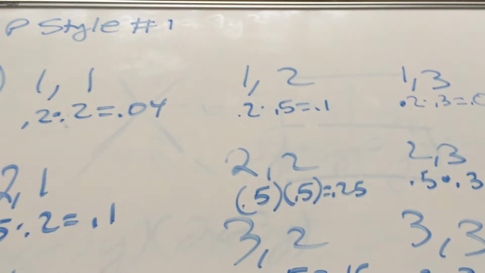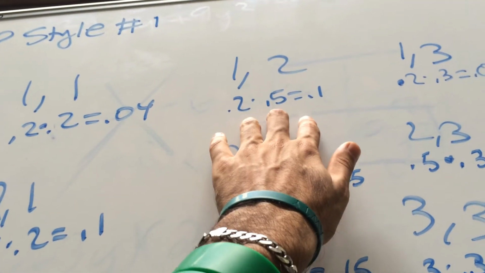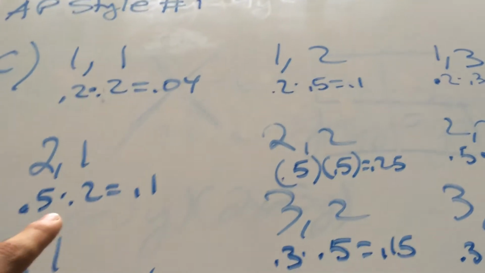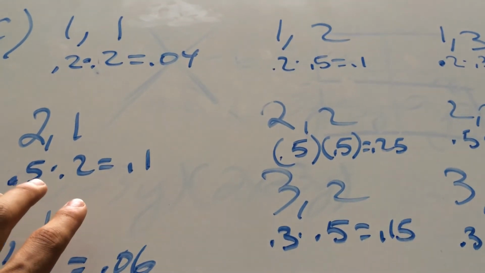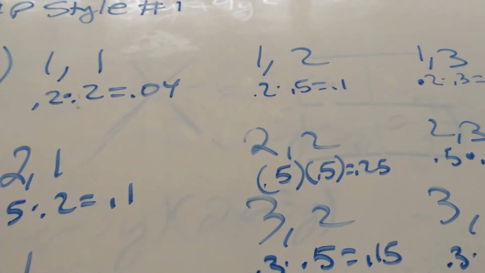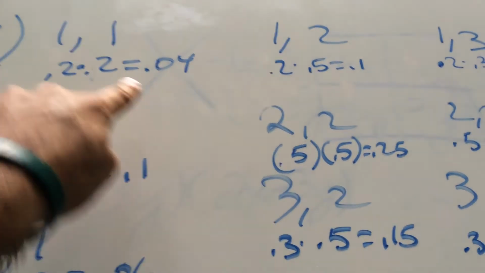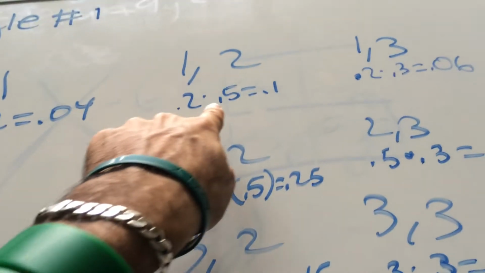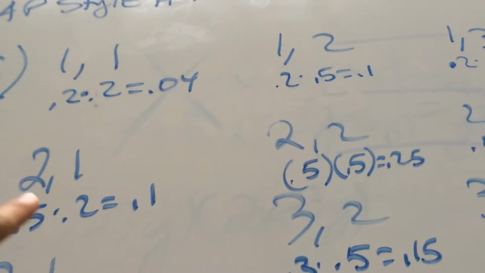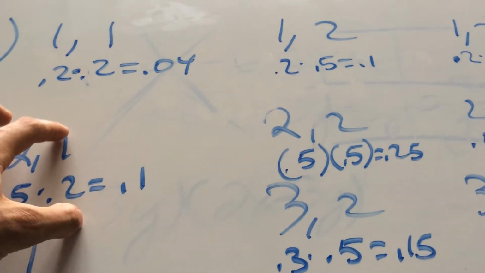The probability y is 3 is this trial or this trial. The reason I'm enunciating the "or" is because we need to add these.